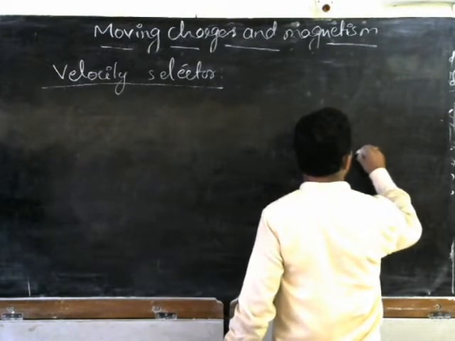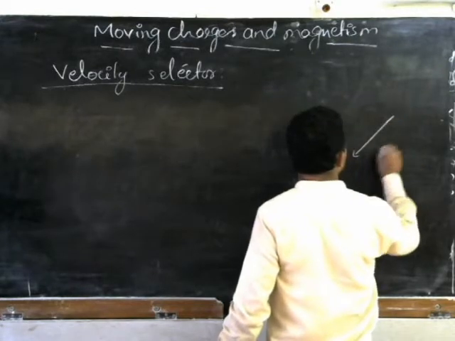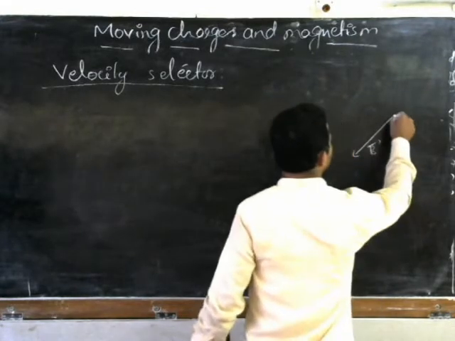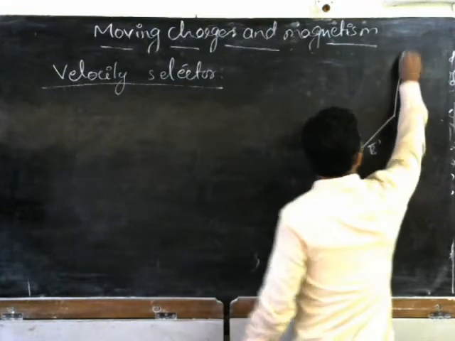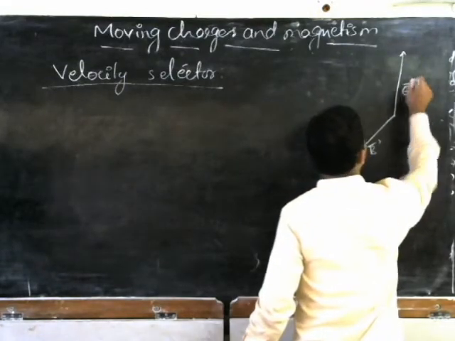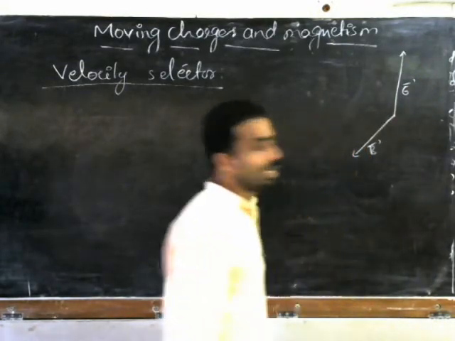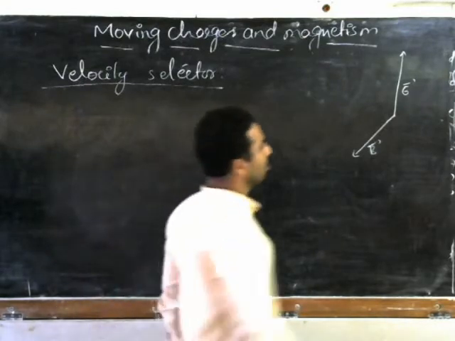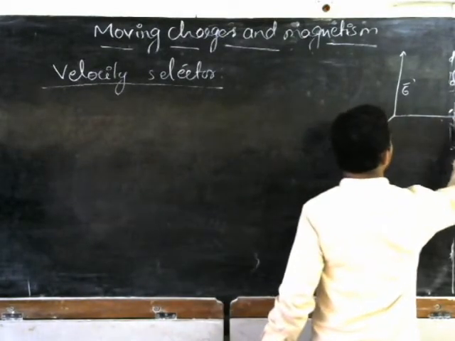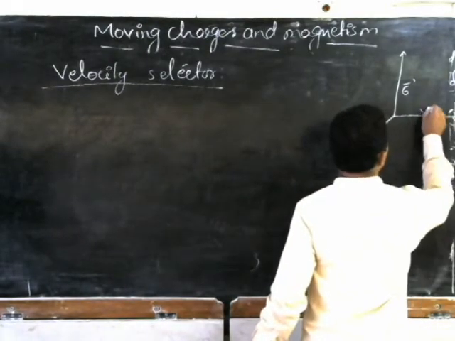So here let me take, this is the direction of the magnetic field. This is the direction of the electric field. There is a charge which is moving along this direction, along x, with the velocity v.